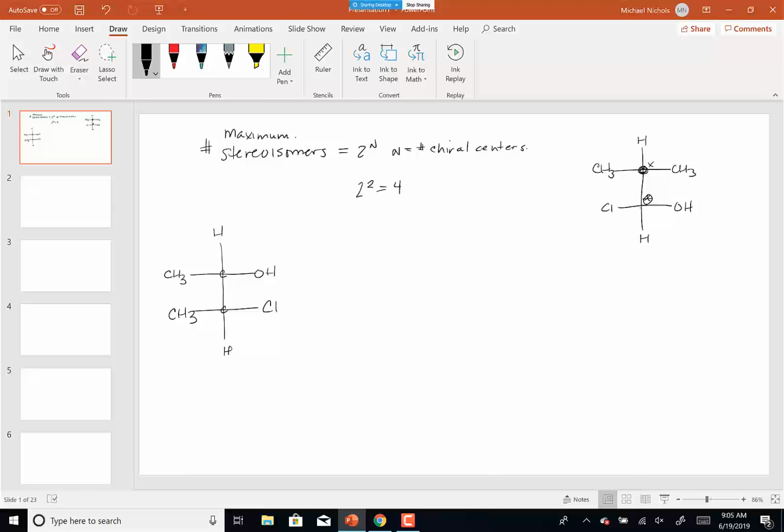That is not a chiral center. So you have to look at the 4 groups that are attached. If it's a ring, you have to go off. If you're doing R and S, you have to determine 1, 2, 3, 4. If 2 groups end up tied, then that's not a chiral center to begin with, and there is no R or S. So it's just the process of eliminating.